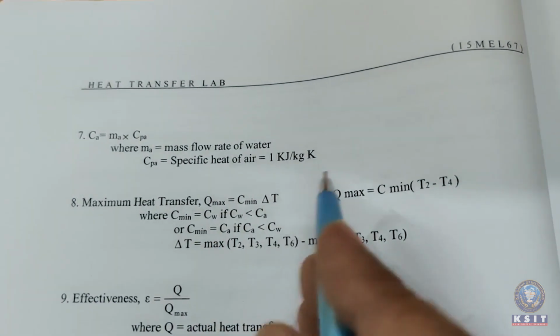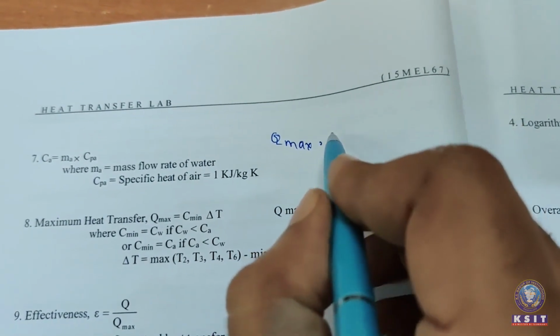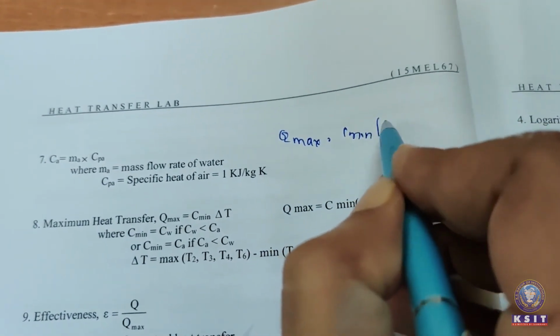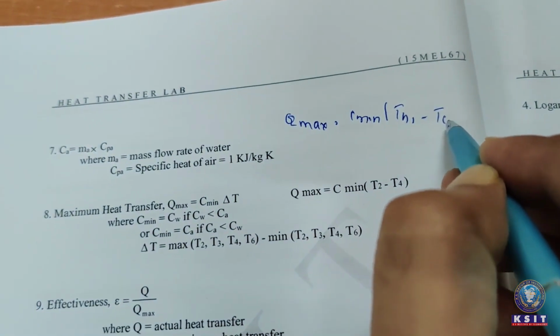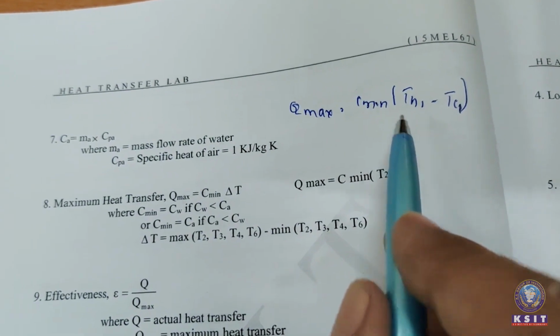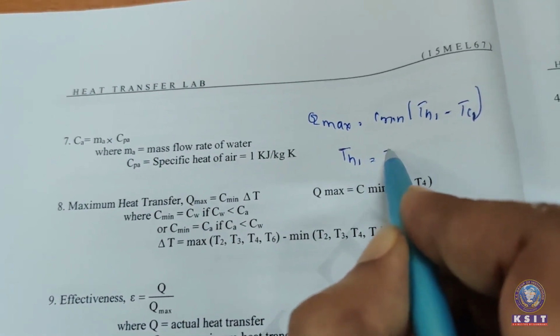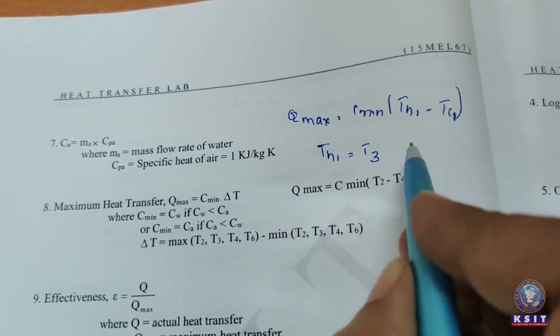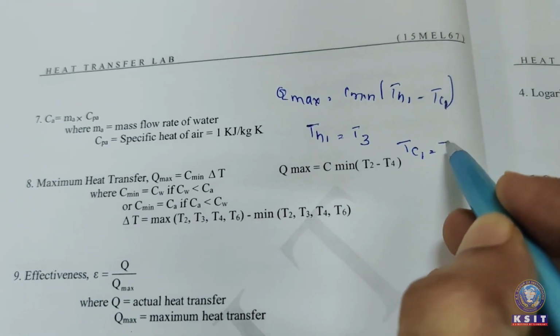Maximum heat transfer, Q max, equals C minimum times TH1 minus TC1. So you know the hot fluid inlet temperature. Here the hot fluid inlet temperature TH1 equals T3, and the cold fluid inlet temperature TC1 equals what?